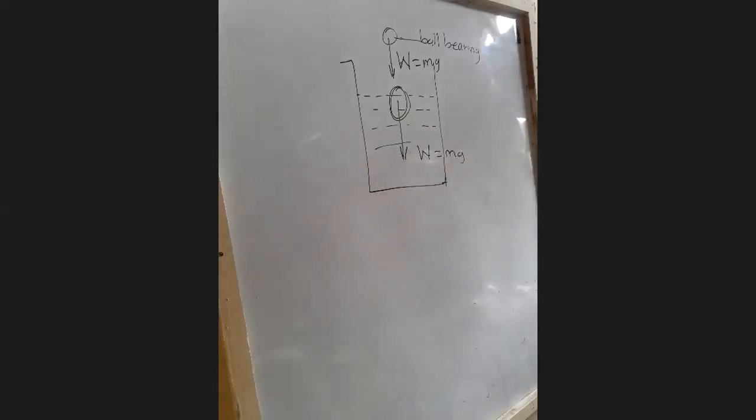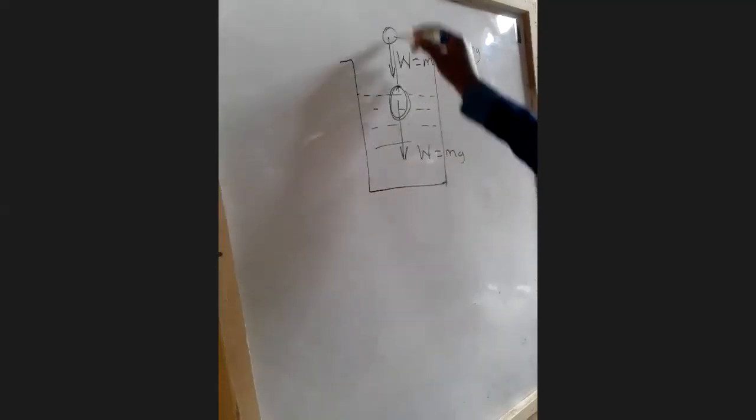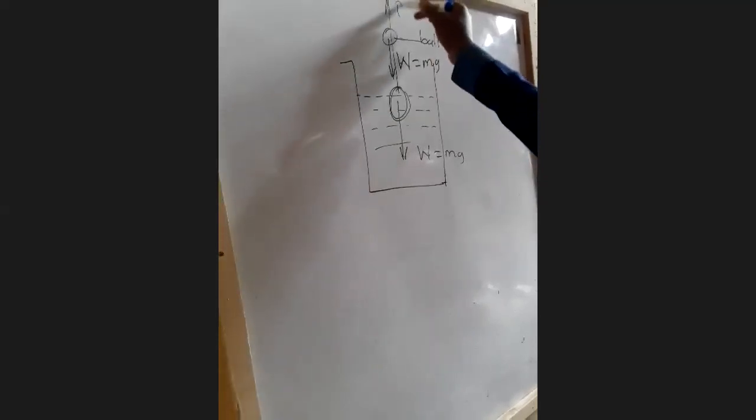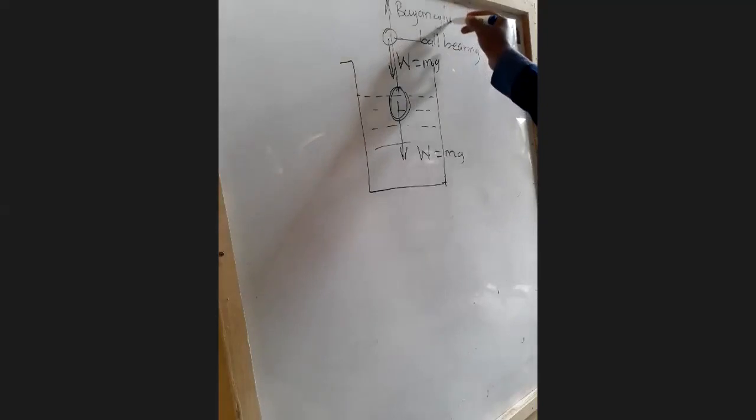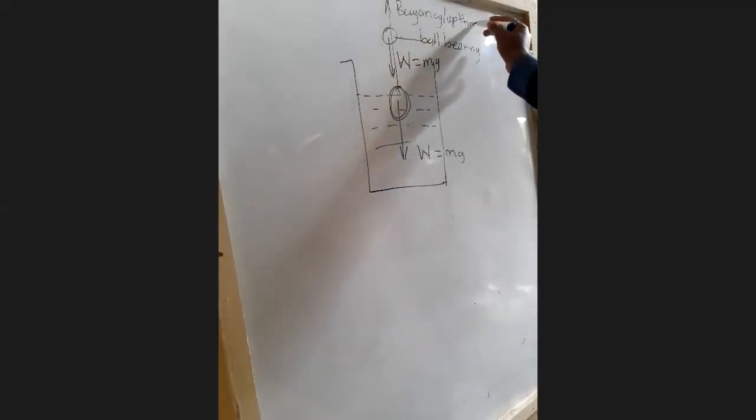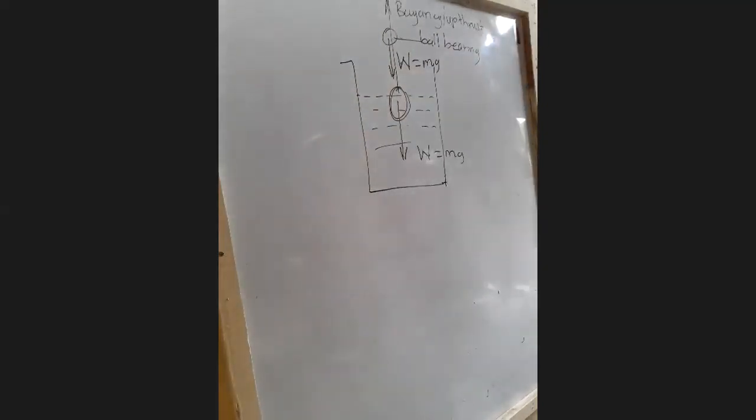And then, because it is inside the fluid, there is going to be an upward force. This upward force, we call the force of buoyancy or an upthrust. So buoyancy or an upthrust is going to act on that body. That is a second force that is going to act on a body immersed in a fluid.